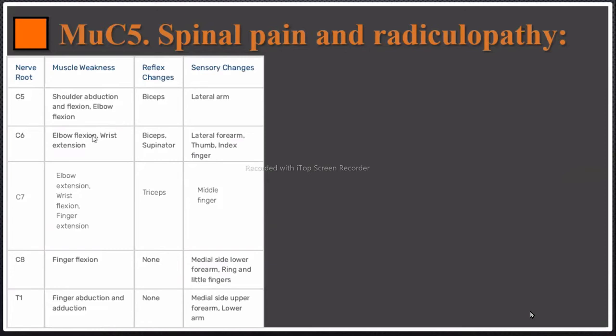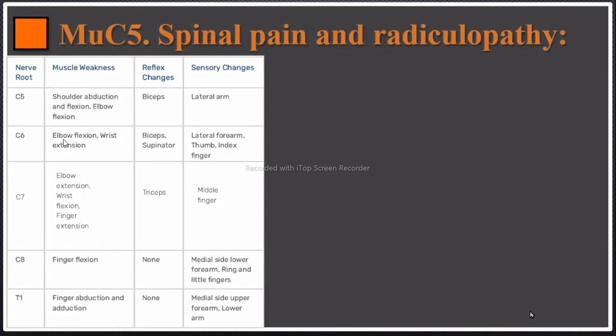You can review later. So check for C5. They can give you a patient with shoulder abduction problem or elbow flexion problem. So what is the nerve root affected? C5. Biceps reflex change, C5. Sensory: the patient has loss or decreased sensation on the lateral arm, C5.